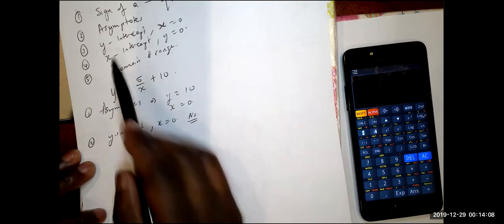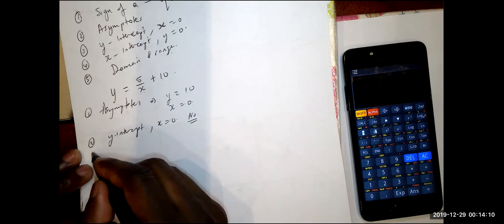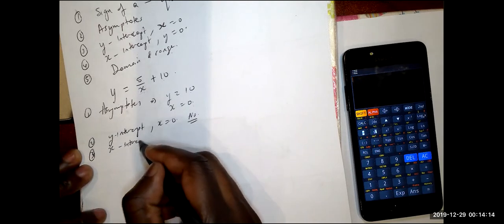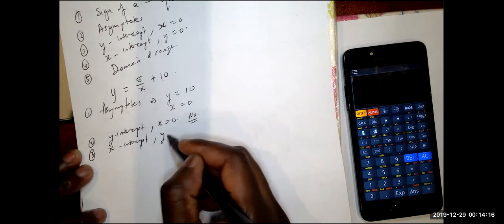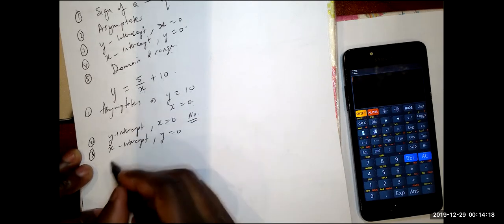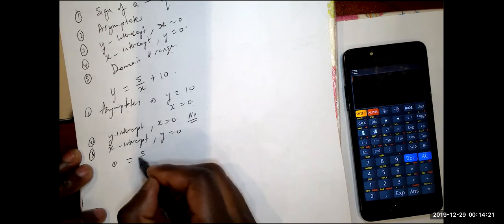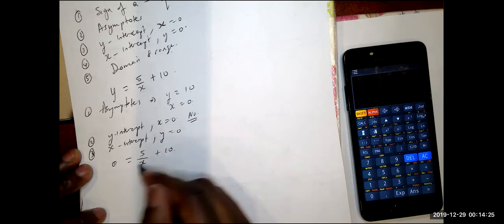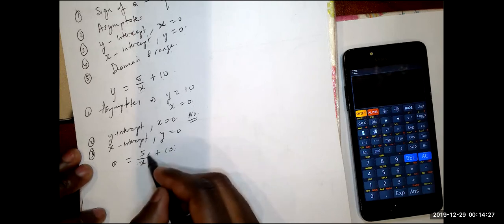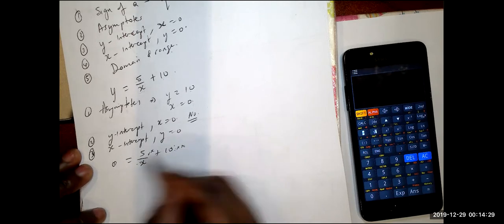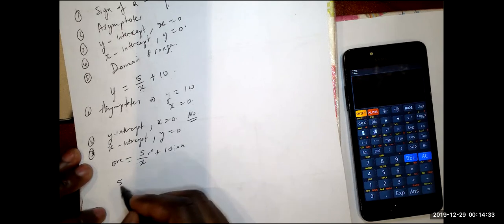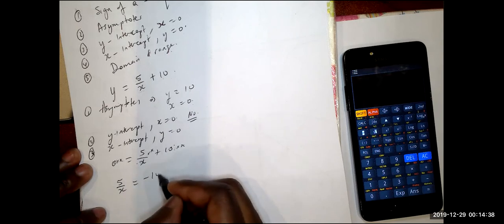Now, what about the x-intercept? That is when y is equal to 0. Oh, we can have 0 there. We can say 0 is equal to 5 over x plus 10. Then you move the 10 across, and we get 5 over x is equal to negative 10.